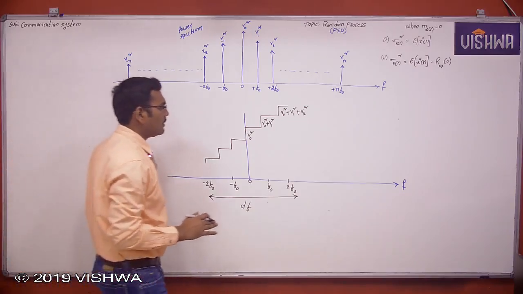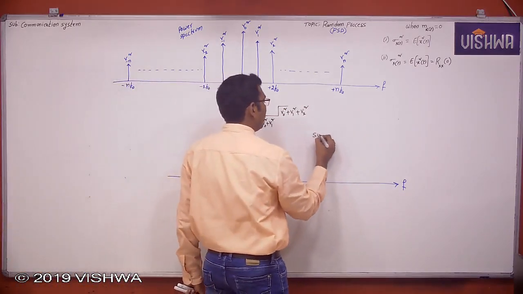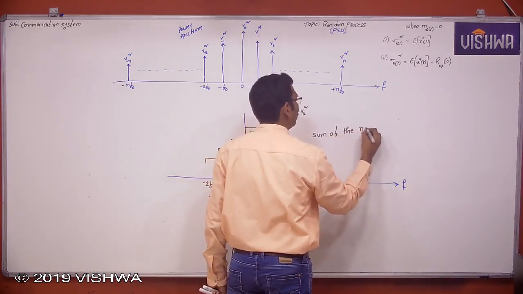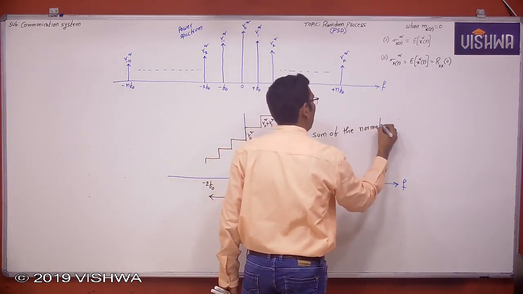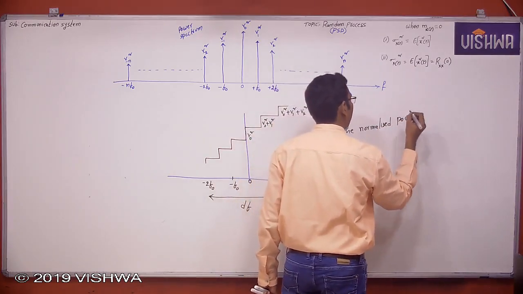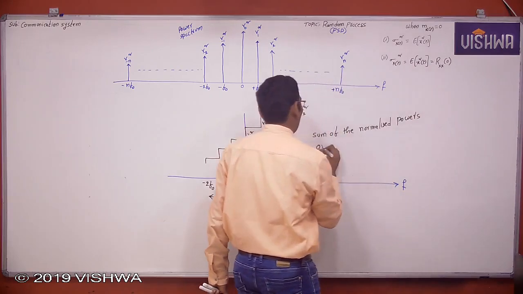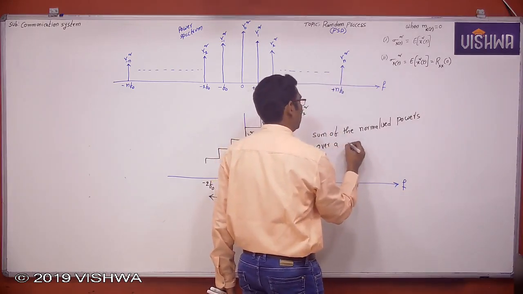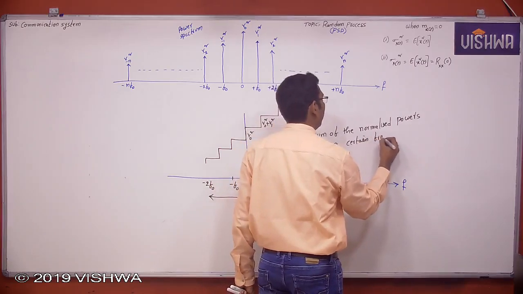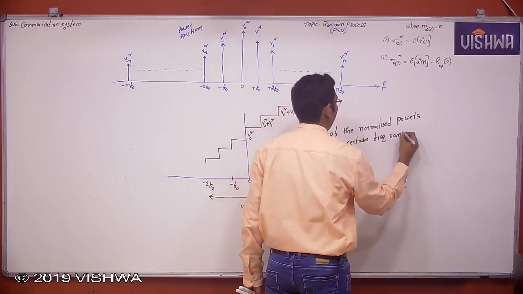Now which is nothing but the sum of the normalized powers over a certain frequency range.